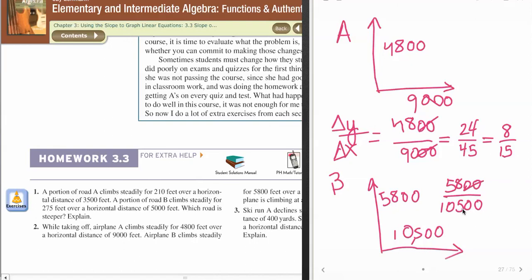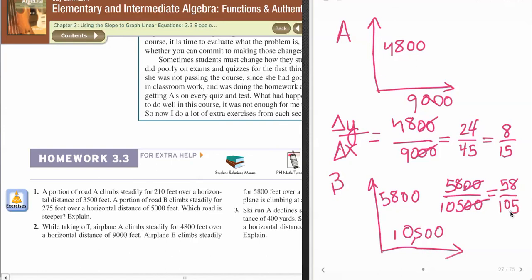We'll take out that factor of 100, and then 105, that's divisible by 5, so that would go in there 21 times, which is only divisible by 7 and 3. And let's see, this is not divisible by 7 and 3, and this is not divisible by 3 either. So we're at a 58 to 105.